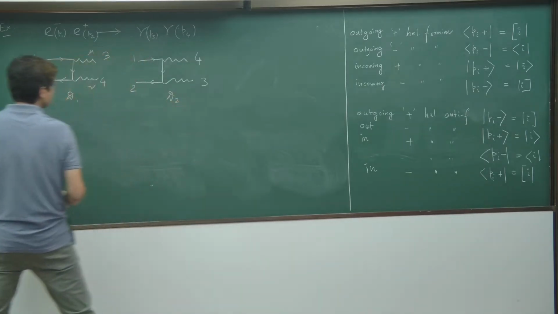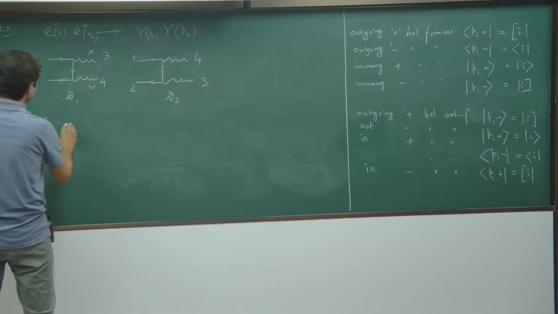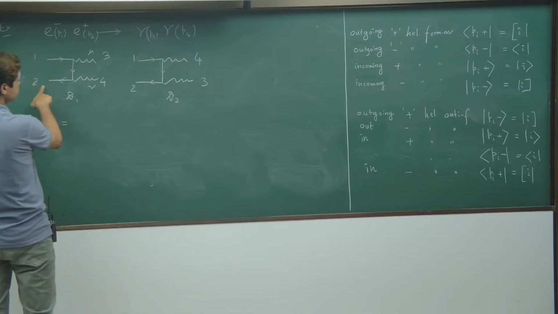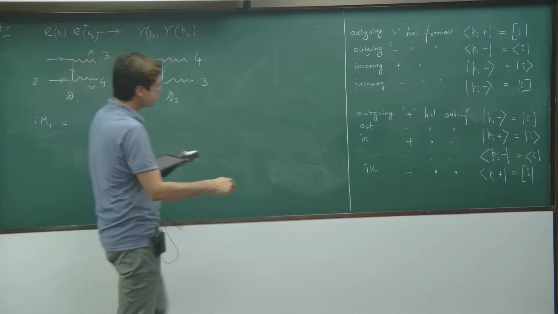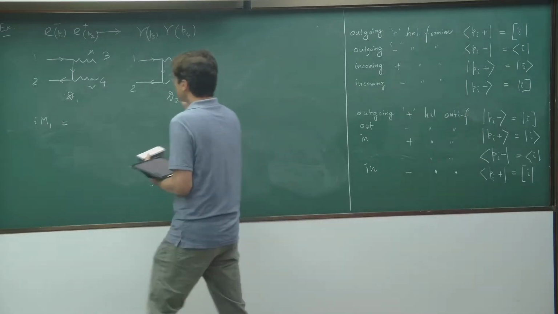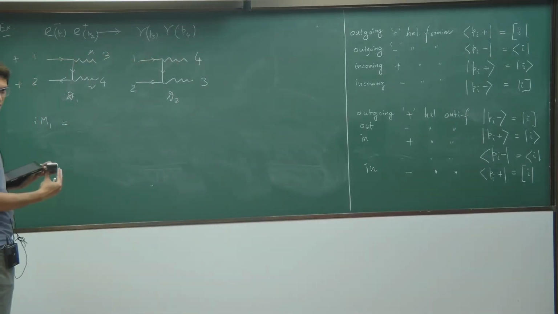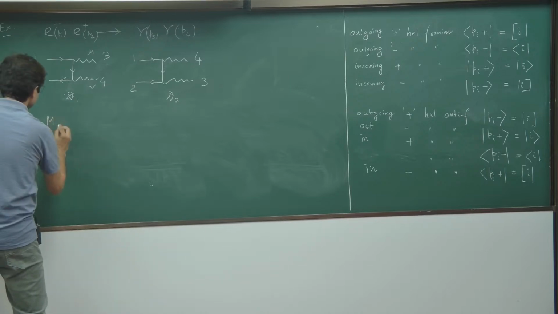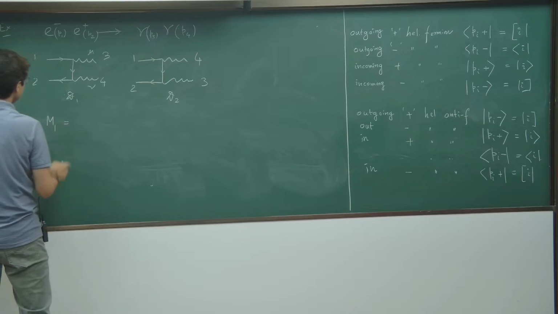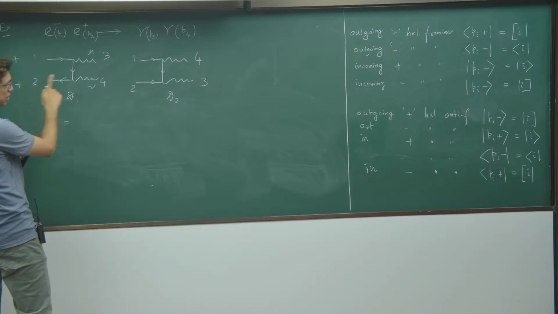So my M1 is basically what? P2 is an antifermion incoming, suppose with plus helicity. Okay, let's take that. So M1 will be what?